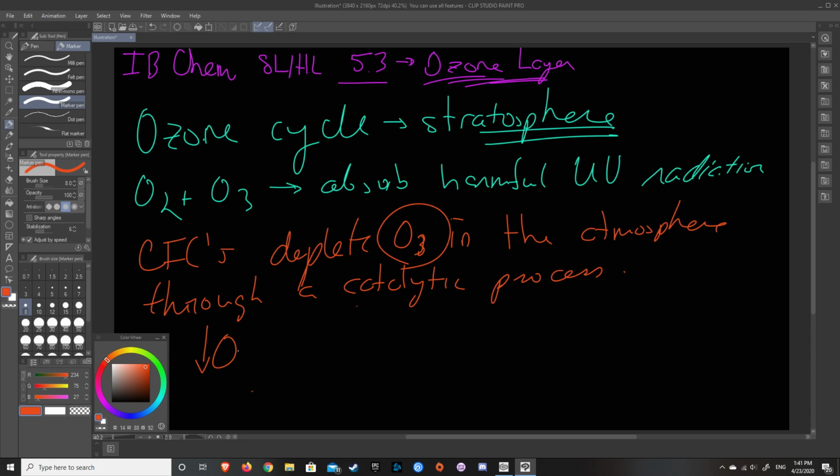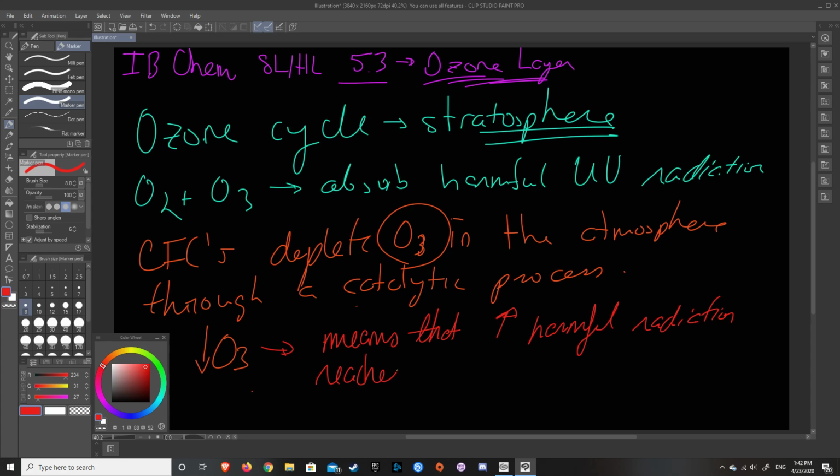And by destroying O3, so less O3 means that more harmful radiation reaches us, reaches the surface of the Earth.